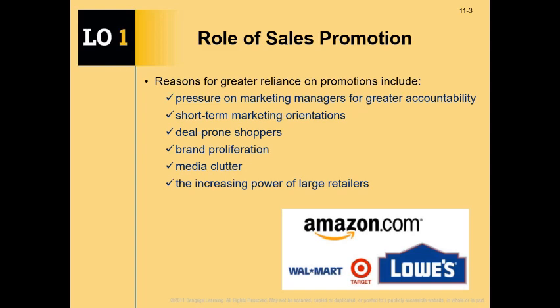Remember that these companies, because they purchase large volumes and because of the economies of scale, demand discounts and other forms of merchandise allowances. We will see that in a few more minutes.